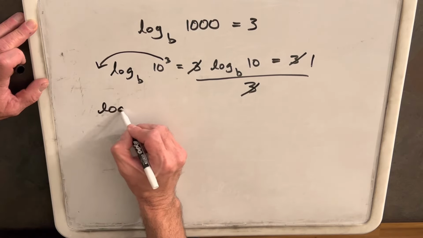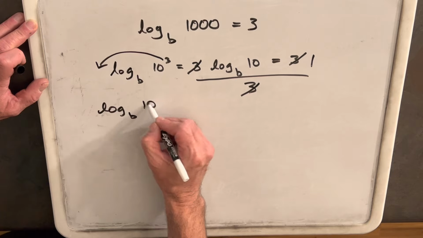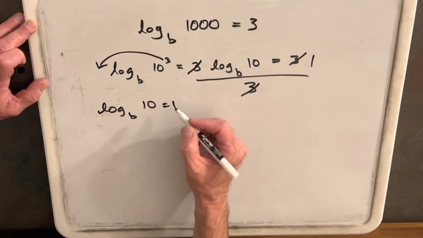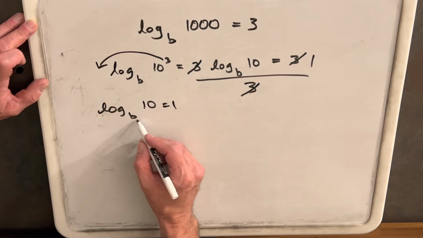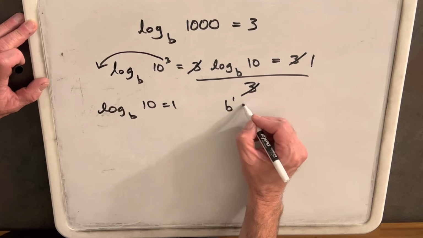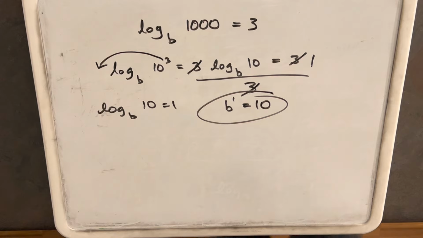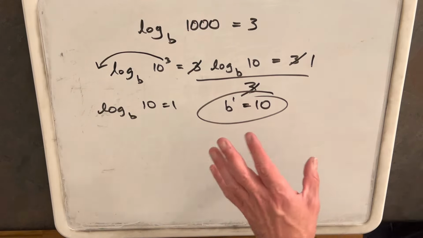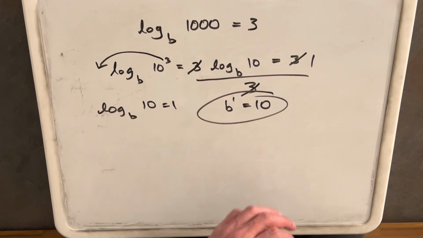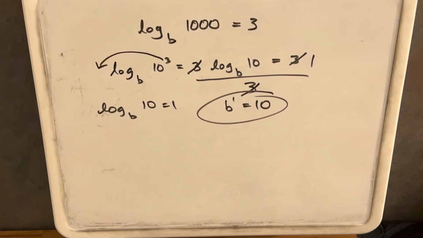So just to be clear, we have log base b of 10 equals 1. But by the definition of the log, this just means that b to the 1 equals 10, so that just means b is 10. And of course you might just recognize the answer right off the bat, but it's good sometimes to work through the steps.